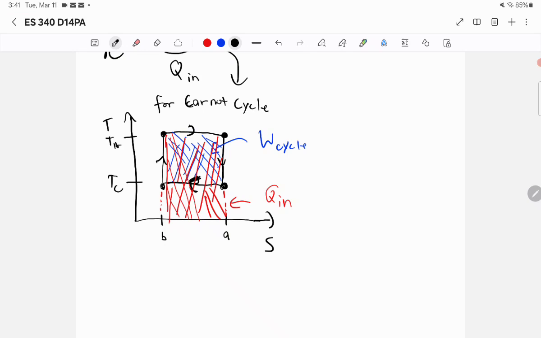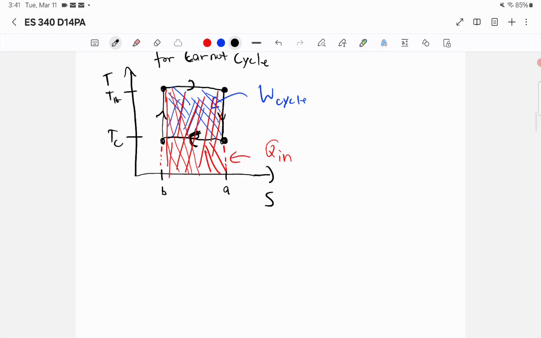And you should see that this pops out with exactly what we expect. I'll let you check for yourself that this is true, but eta ends up being 1 minus Tc over Th, if you do the ratio of these two areas.